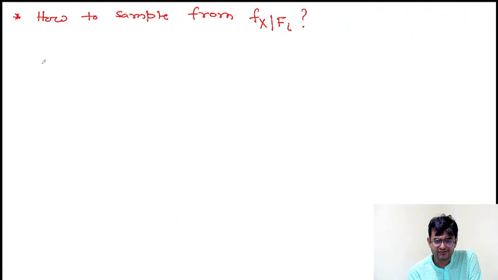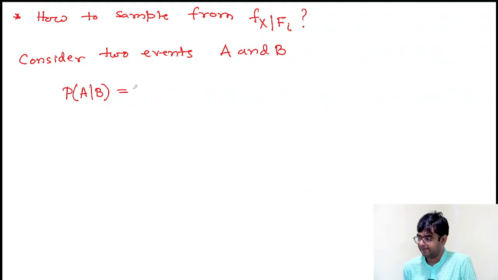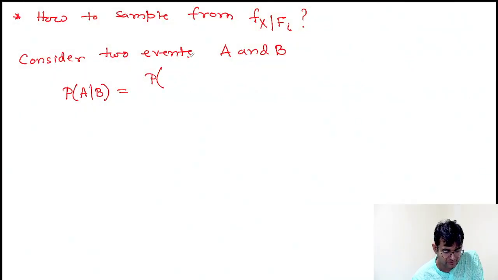You tell me, assume 2 events, A and B. Okay. So in this case, from product law, what is probability of A given B? P of A intersection B divided by P of B. All of you know about it, right? Let us write it. P of A intersection B divided by P of B.